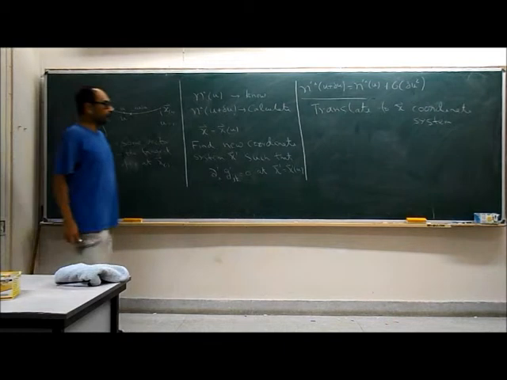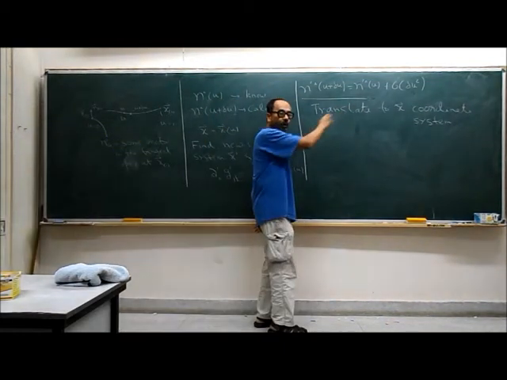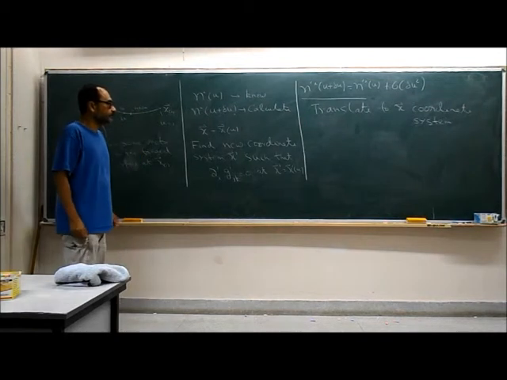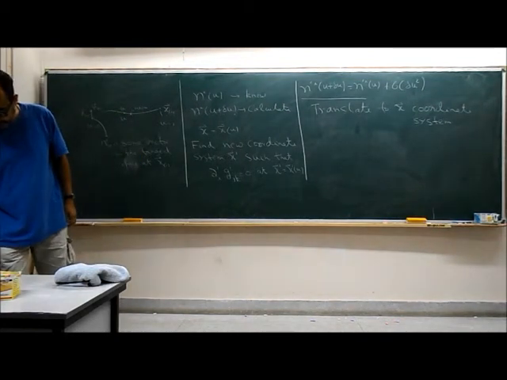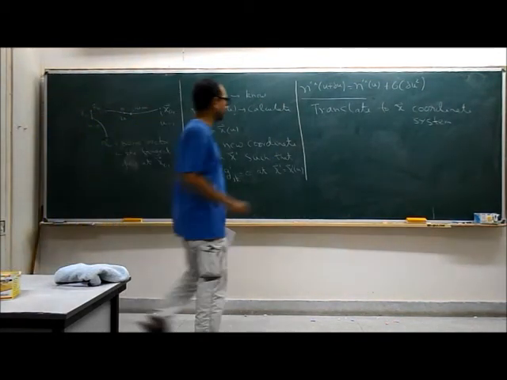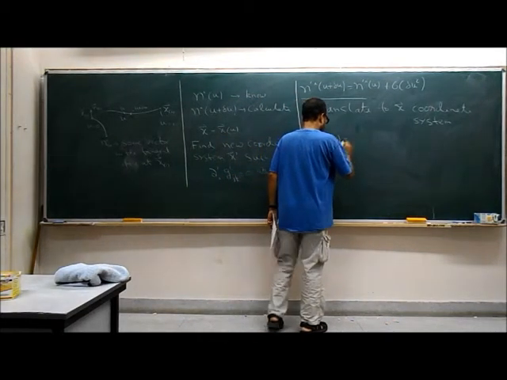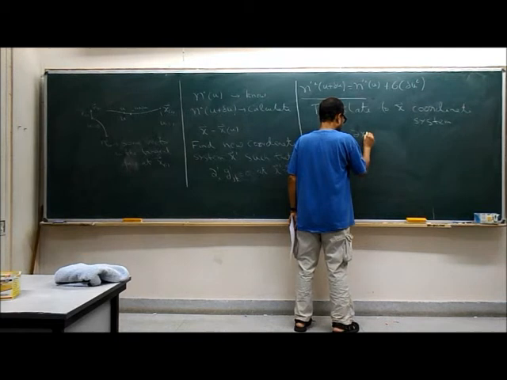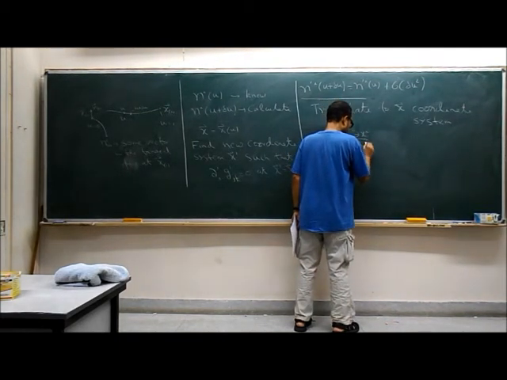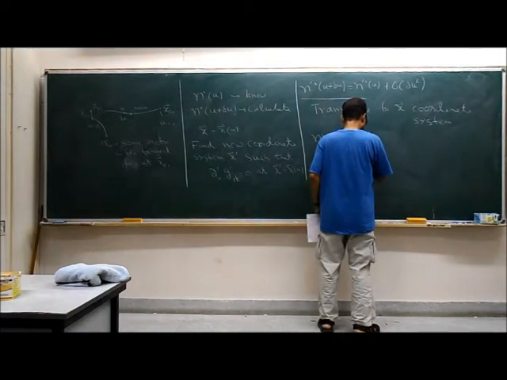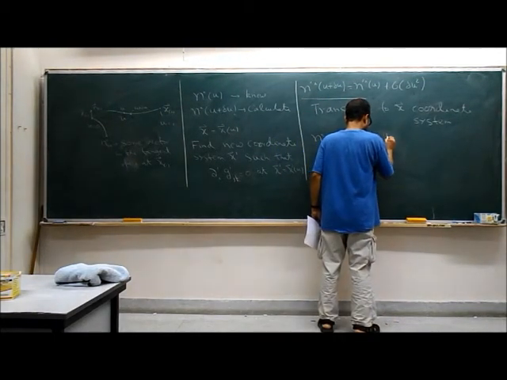So now the idea is that we want to convert this to the x coordinate system and see what we get. Now in the x coordinate system we have written down the transformation laws. So n^i of u will be given by del x^i del x prime^t times n prime^t of u.